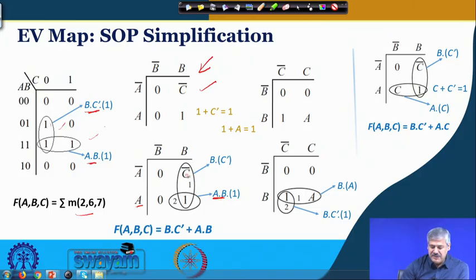Now, we see there is a term C prime, C bar. We can take this as A bar B ANDed with C bar, that is also correct in Boolean algebra, expression wise, but it is not the minimized expression. So, to get the minimized expression, we can consider this 1 as 1 plus C prime also.